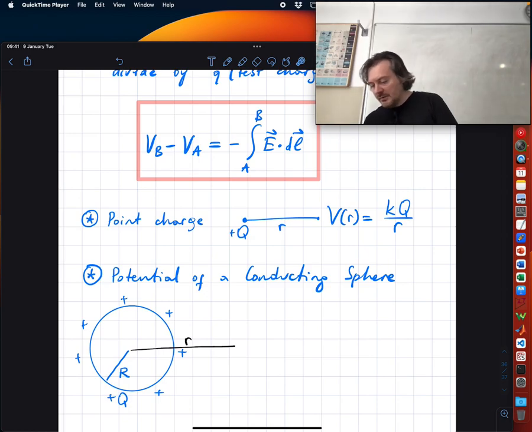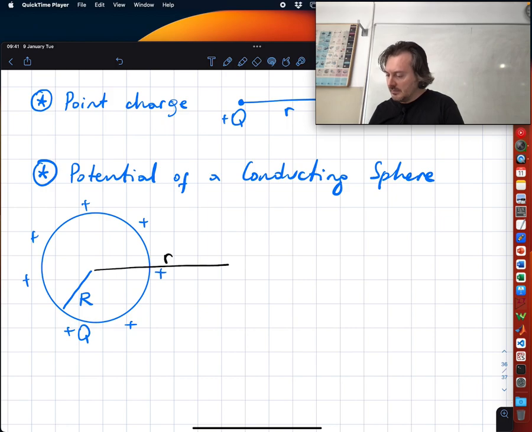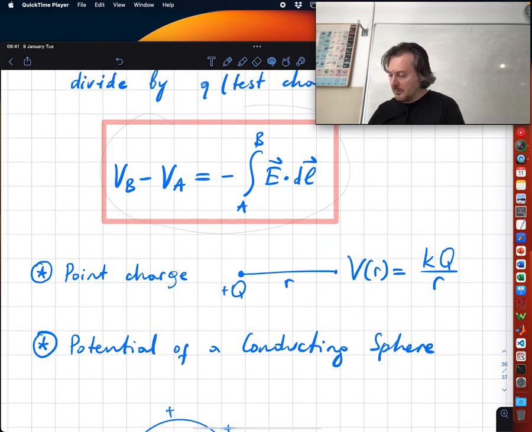However, there's an easier way to do this. What is the easier way? The easier way is to use the other formula, this formula. To use this formula, you need to first find electric field, then go from electric field to the potential.